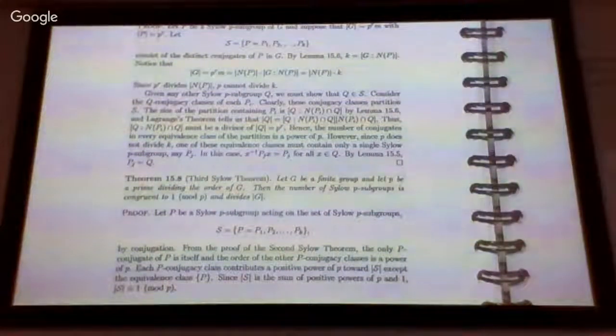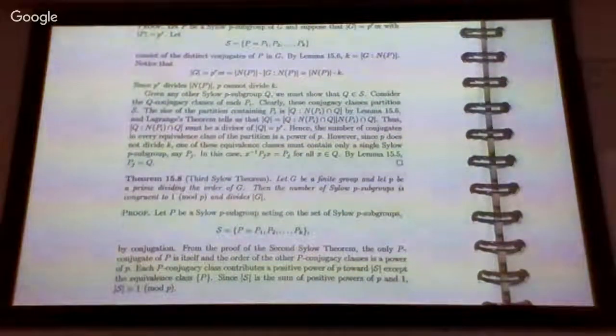It'll turn out that the size of a Sylow P subgroup will be the maximum power of P that divides into G. But the definition itself doesn't explicitly say that. It just says H is a P subgroup, so its order is some power of P, and that it's maximal. That means it's not contained in a larger P subgroup. So it's maximal in the inclusion sense. It's the biggest such thing.